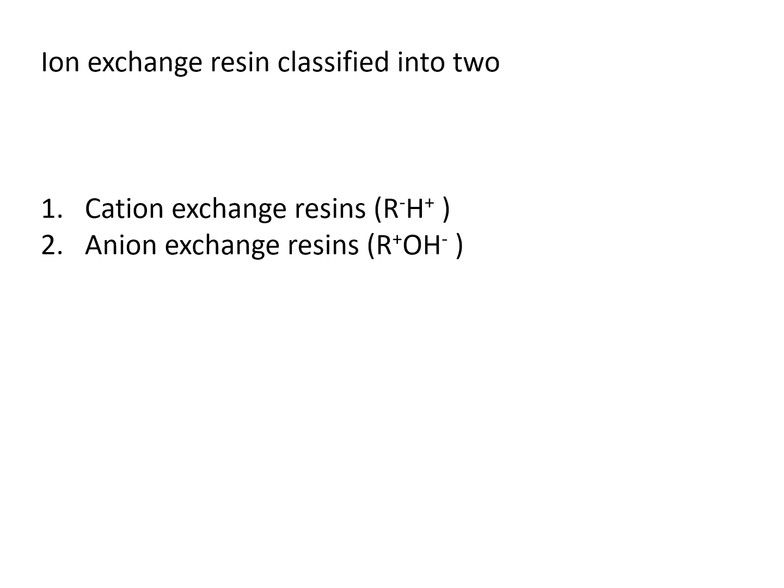So cationic exchange resin can be represented as RH plus, where R is the water insoluble long chain organic polymer with exchangeable H plus ions. Similarly, anionic exchange resin can be represented as ROH minus, where R is the long chain organic polymer and OH minus is the exchangeable ion present.